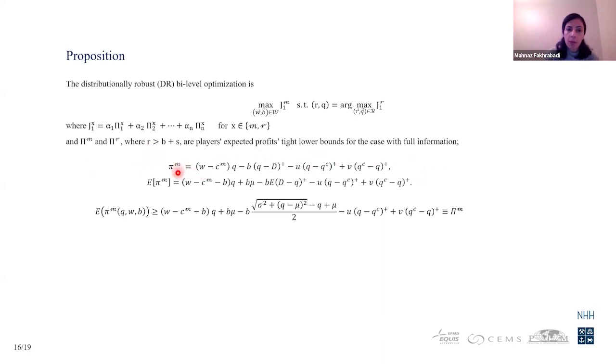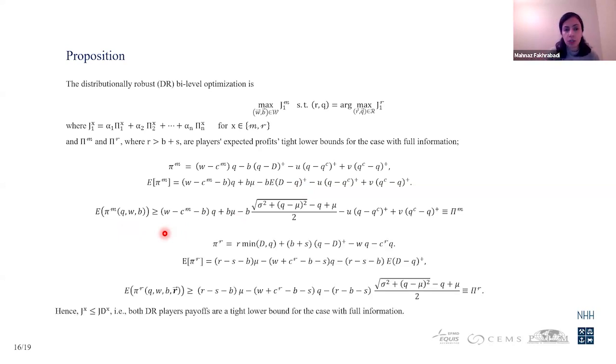We talked about what pi m and the expectation of pi m are. Looking at this expectation of (D minus Q)+ and using the Cauchy-Schwarz inequality, we get this equation, which says that the manufacturer profit in distributional robust turns out to be a lower bound for the problem with non-distribution. We get the same in the retailer problem as well.